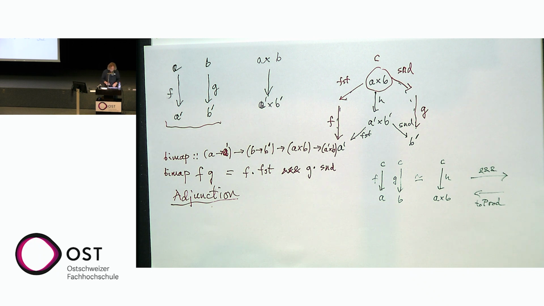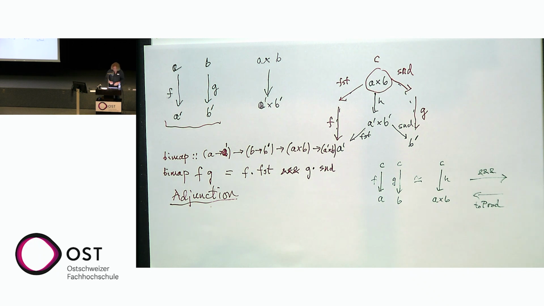Now, in categorical language, we would say, okay, what's a pair of arrows? Well, a pair of arrows is really one arrow, one thick arrow, in a category called a product category.